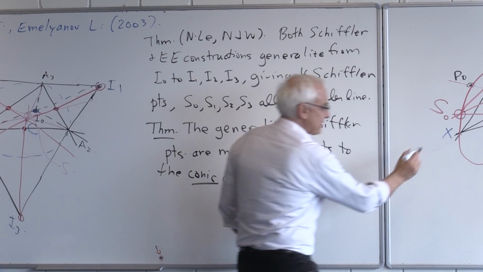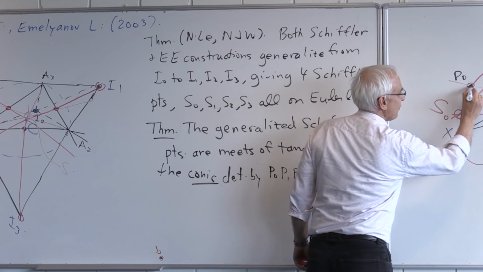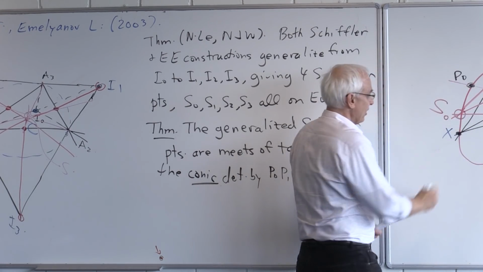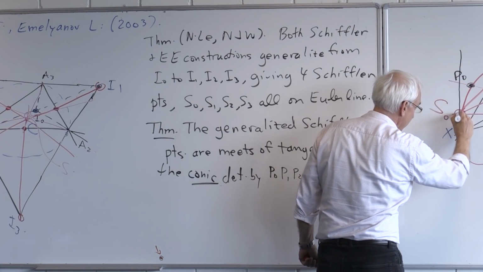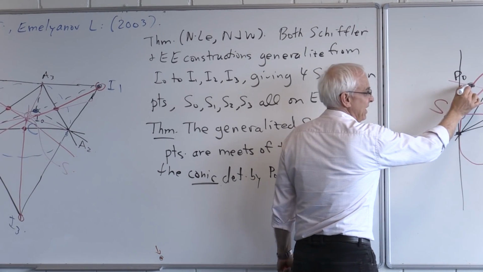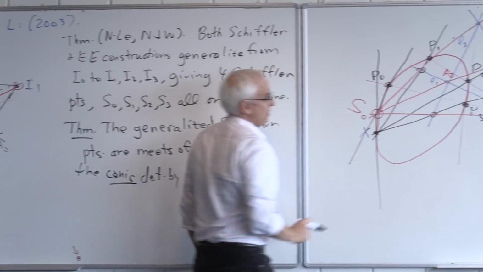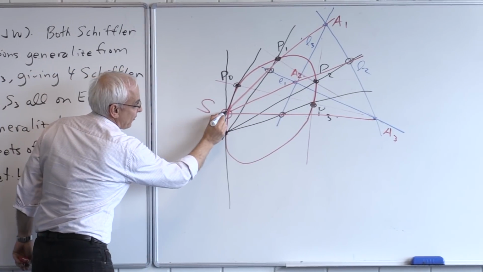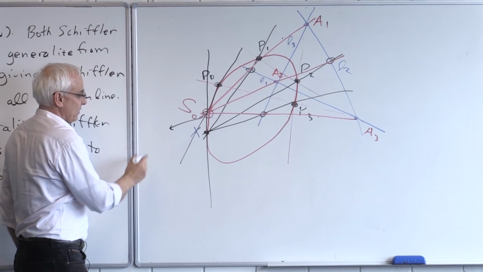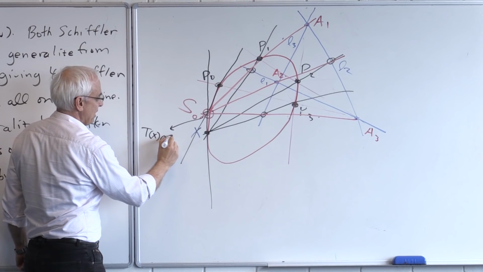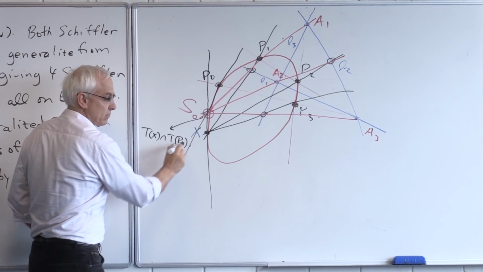The tangent at X is this one here. The tangent at P0 is this one here. And what we're getting here, this S, is exactly just the meet of the tangent at X meeting with the tangent at P0.